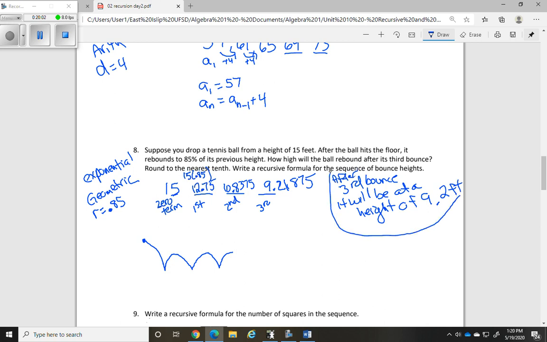So I was able to answer the question. I didn't write the recursive formula though. The first term is 12.75, and a sub n is gotten by doing 0.85 times a sub n minus 1.